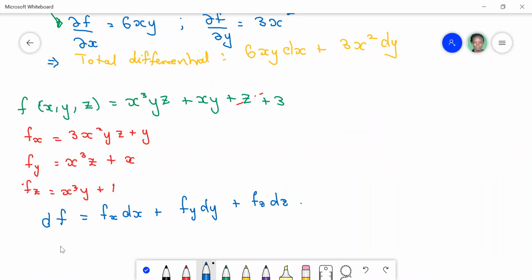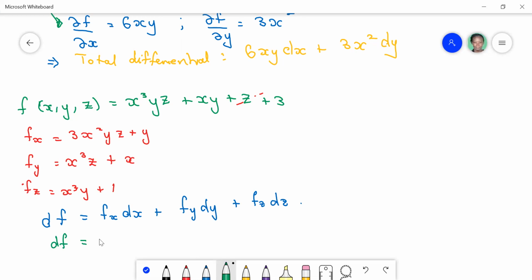So my total differential df is going to be equal to this. I have this times dx, then this times dy.